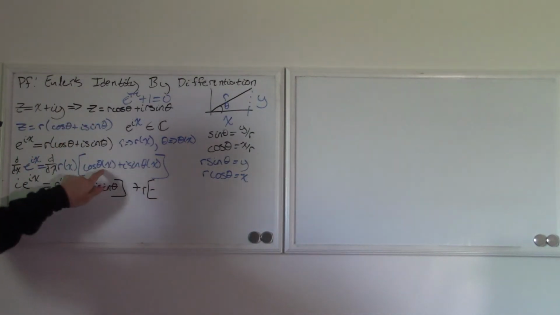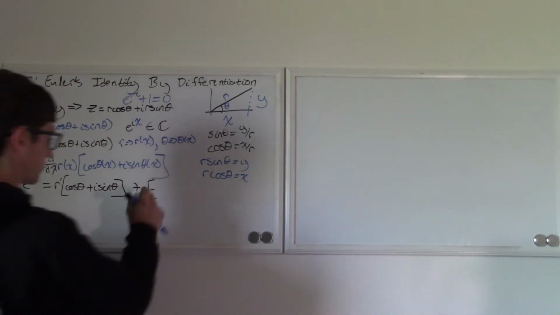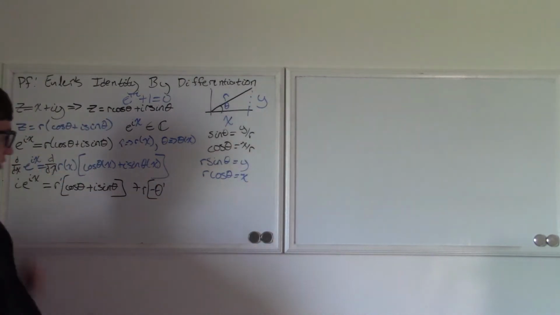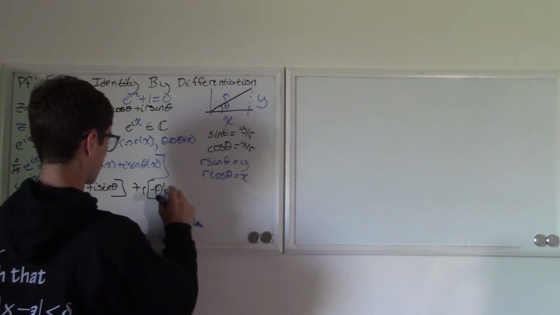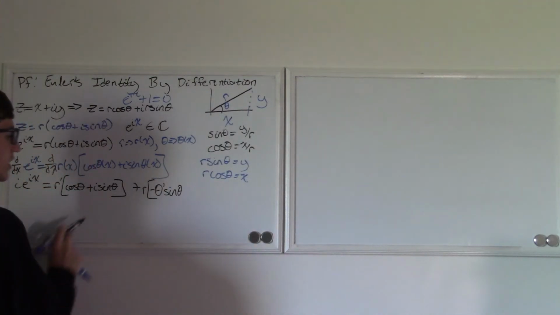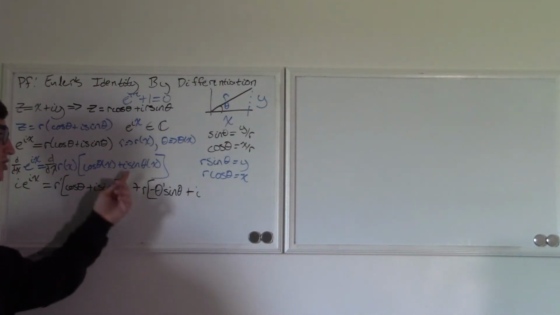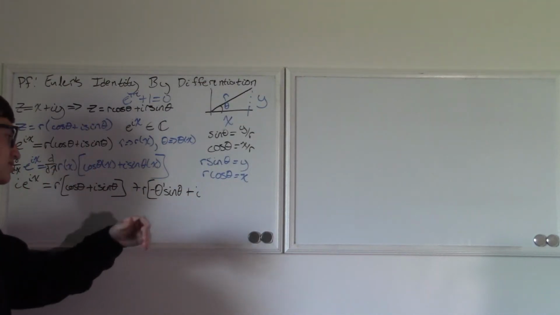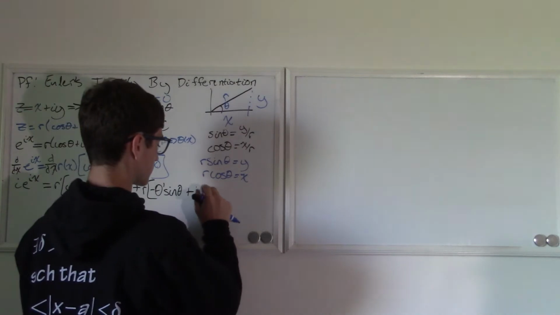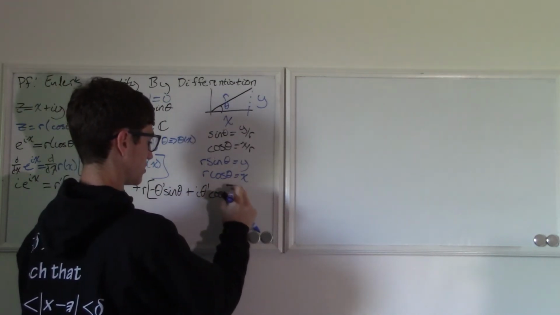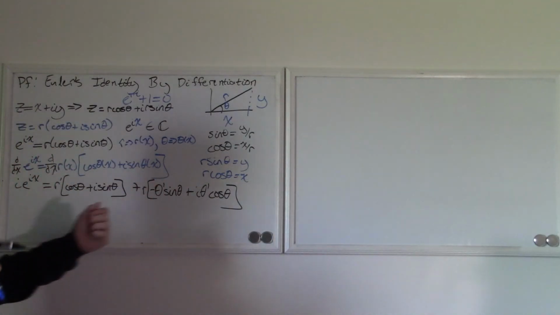By the chain rule, we take the derivative of theta of x, which is theta prime, same reason as r prime. Then the derivative of cosine is negative sine, so we put down sine theta. Plus, i is a constant, so it stays there. The derivative of sine is cosine, so that's why it's a plus. The derivative of theta is theta prime, and then the derivative of sine is cosine, keeping the inside part the same.